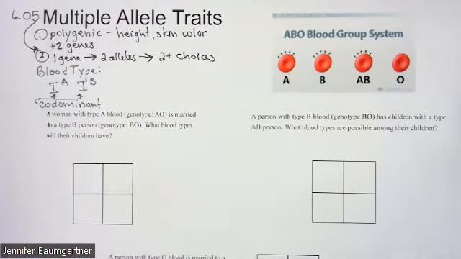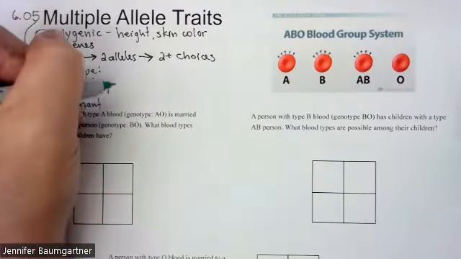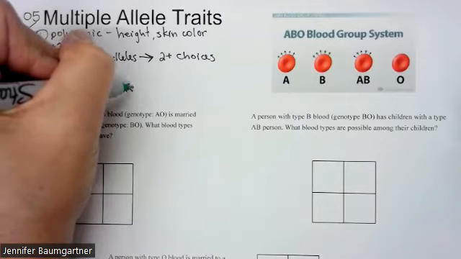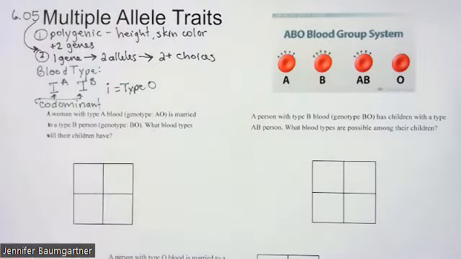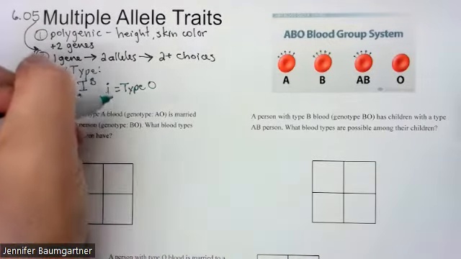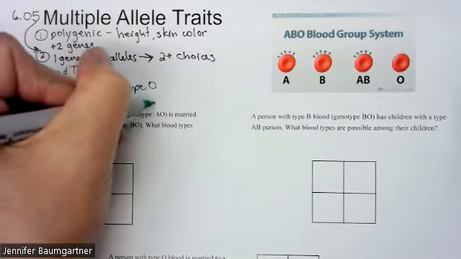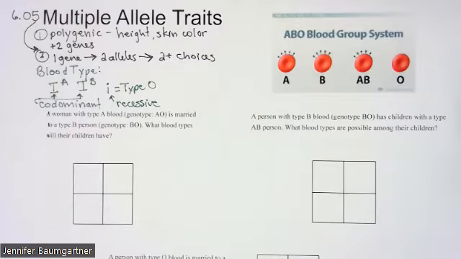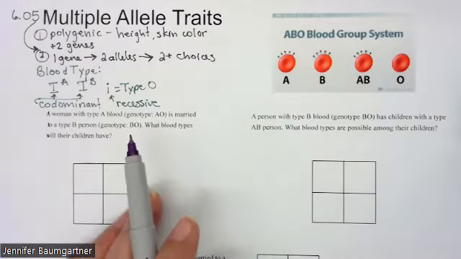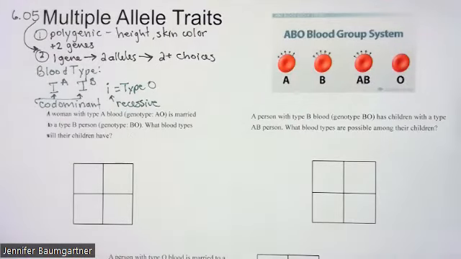And the third choice is type O, and this is recessive to both A and B. So these are my choice of alleles. I have a choice of 3 alleles. I could have a type A allele, a type B allele, or a type O, or I could have a combination of 2 of these.